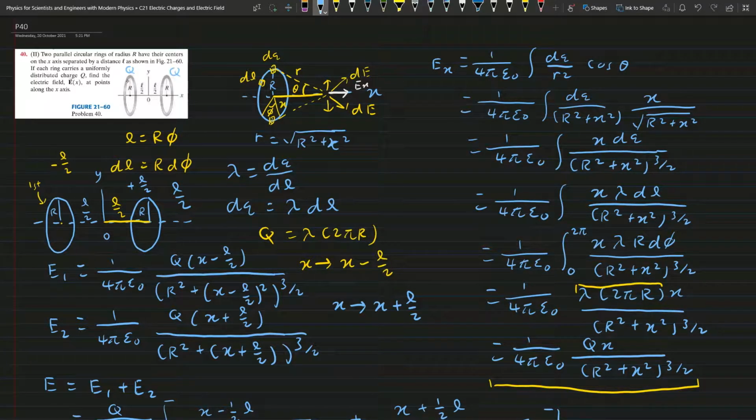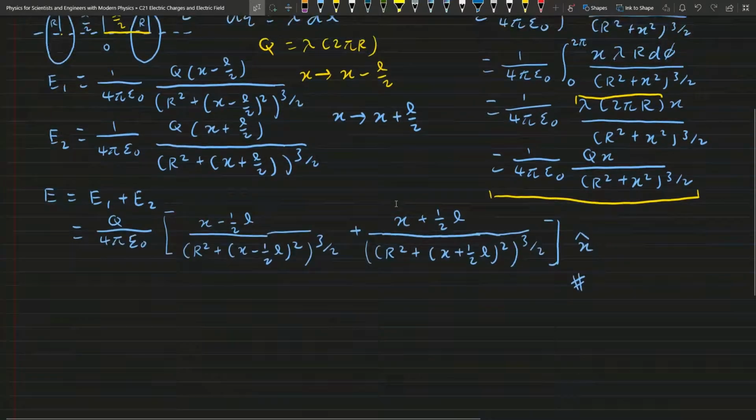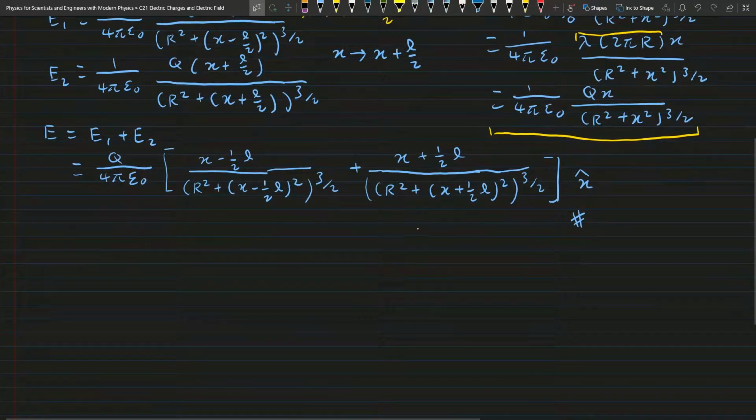From the first ring, the electric field will go like so, and from the second ring, the electric field will go like so. Since the separation distance and the charge are the same, we should expect at this origin the E should be equal to 0. This is one way we can verify our answer.